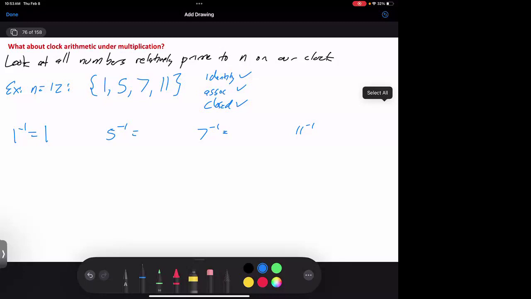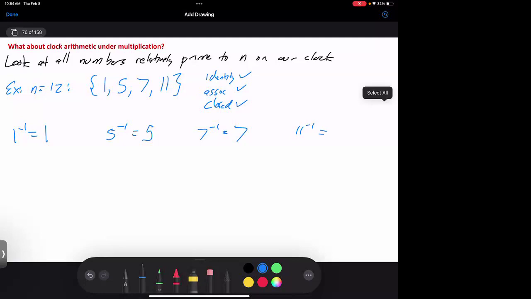Any thoughts about what the inverse of 5 might equal? 5. 5 times 5 is 25. What about 7? What times 7 is one more than a multiple of 12? 7. 7 times 7 is 49, which is one more than 48.